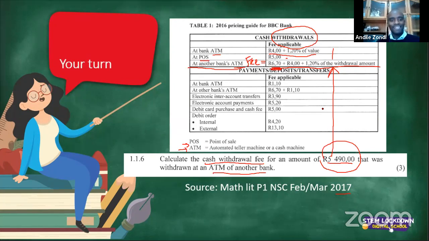So the correct answer, for those who said it, is 76 rand 58. Someone has raised their hand, but I don't have much time. Actually, my time is up. Sorry about that. I can't go on forever.